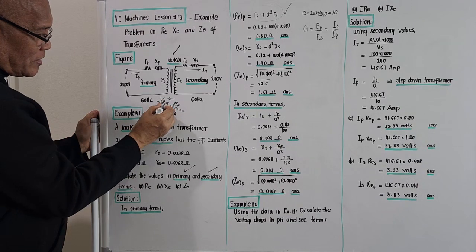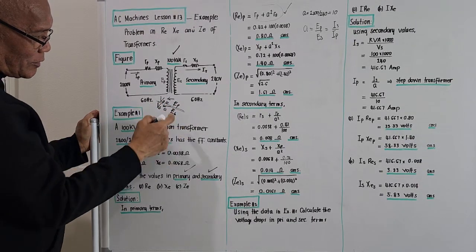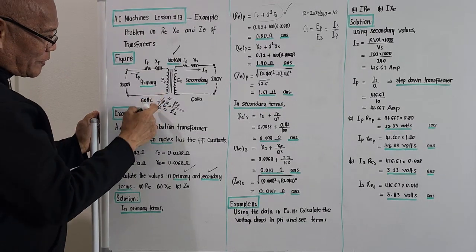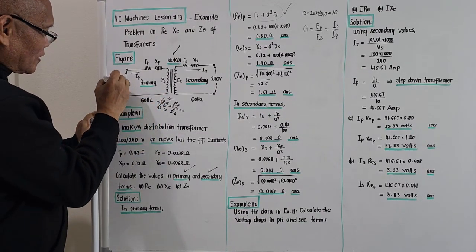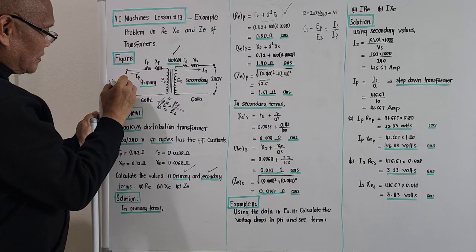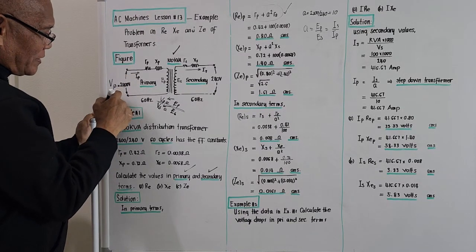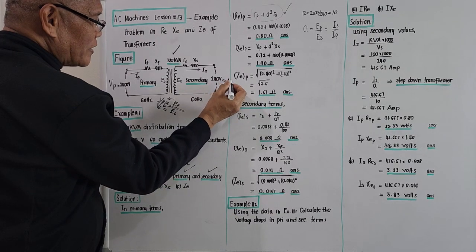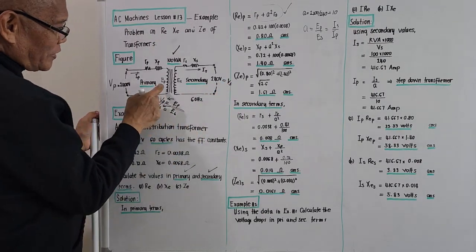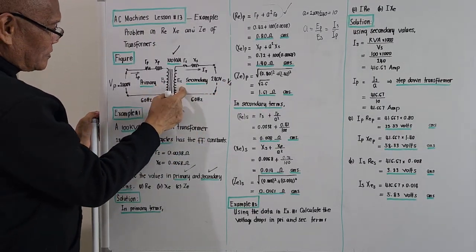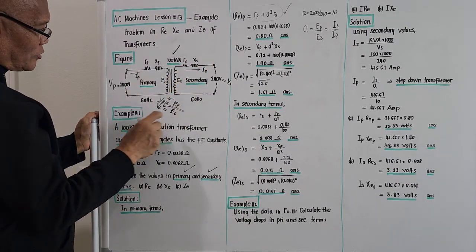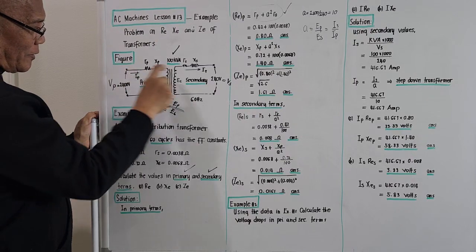So instead of looking for the value E sub P over E sub S, we just use V sub P over V sub S, because V sub P is actually 2400, the one coming from the transmission line, and the output is termed V sub S. So to compute for the ratio of transformation, we will take V sub P over V sub S.